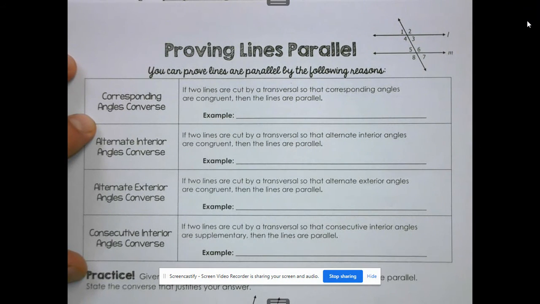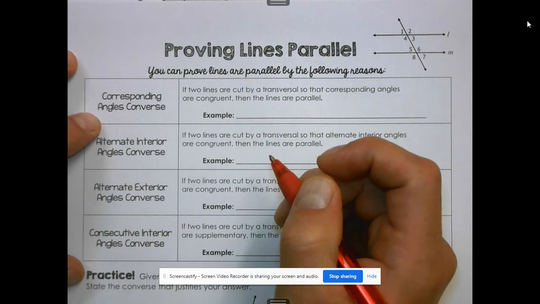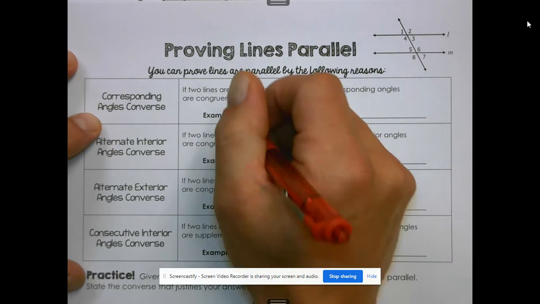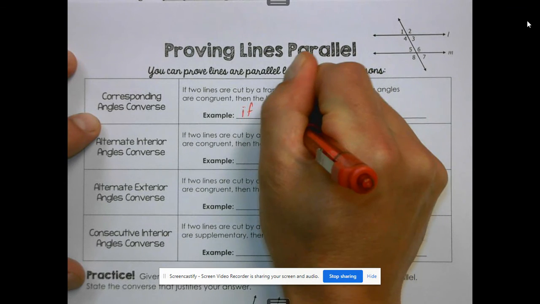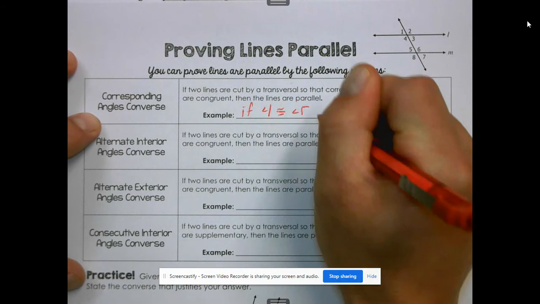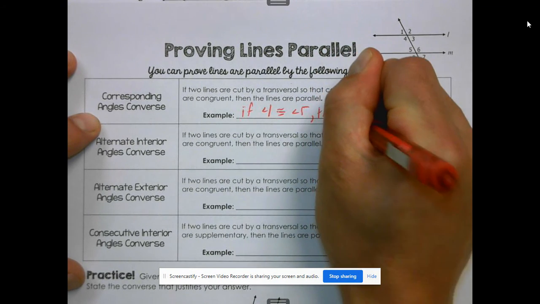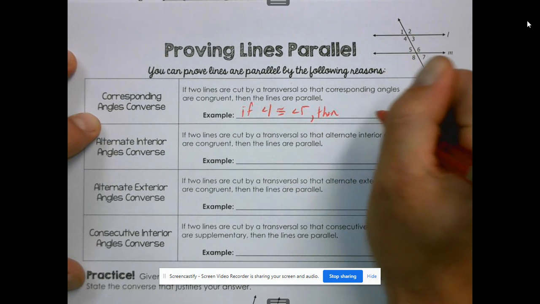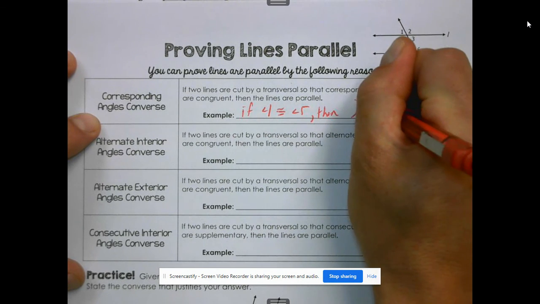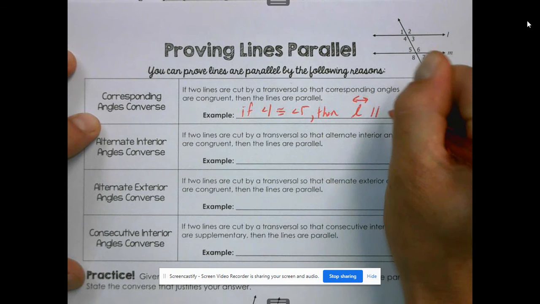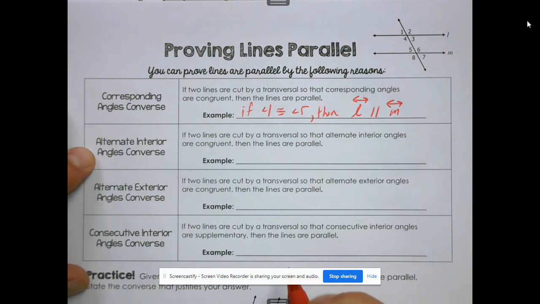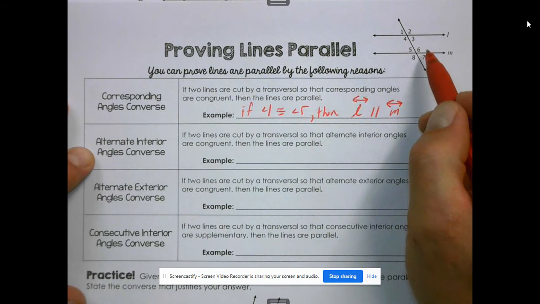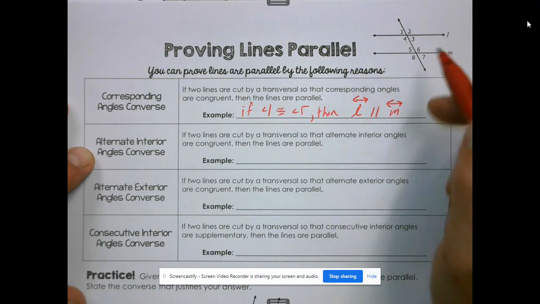So for the example right here, guys, let's say if angle 1 is congruent to angle 5, then line L is parallel to line M. For the alternate interior, let's pick out some alternate interiors. Let's go with 4 and 6.